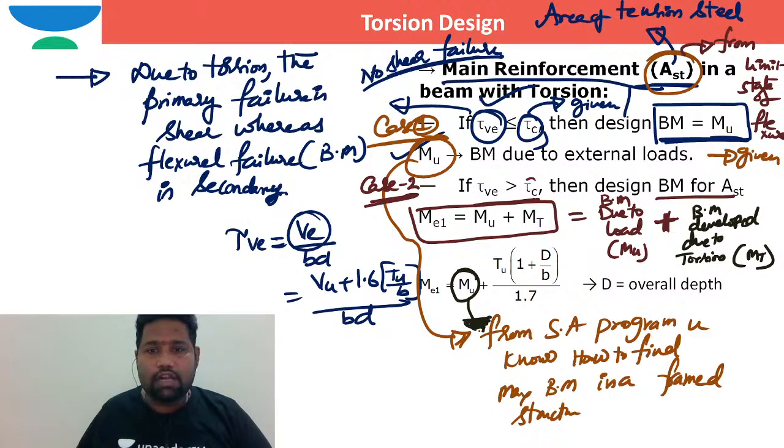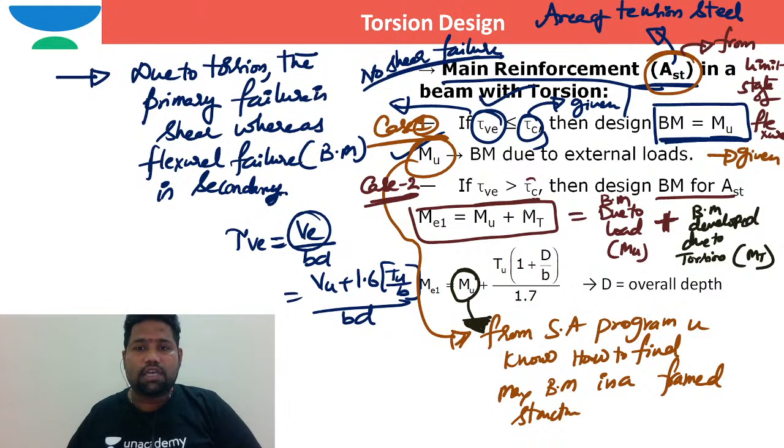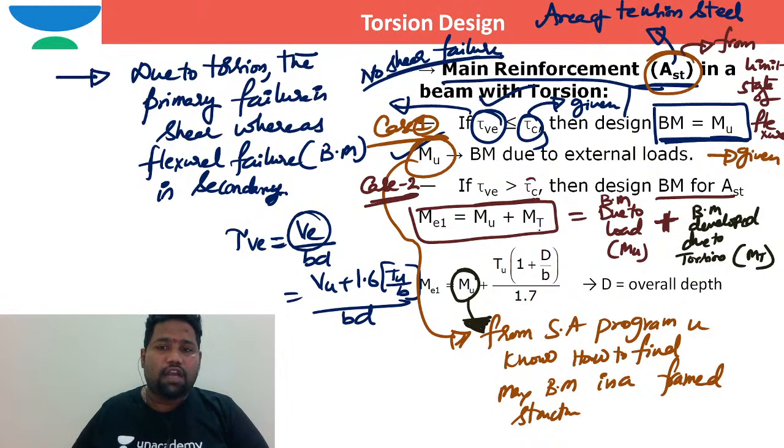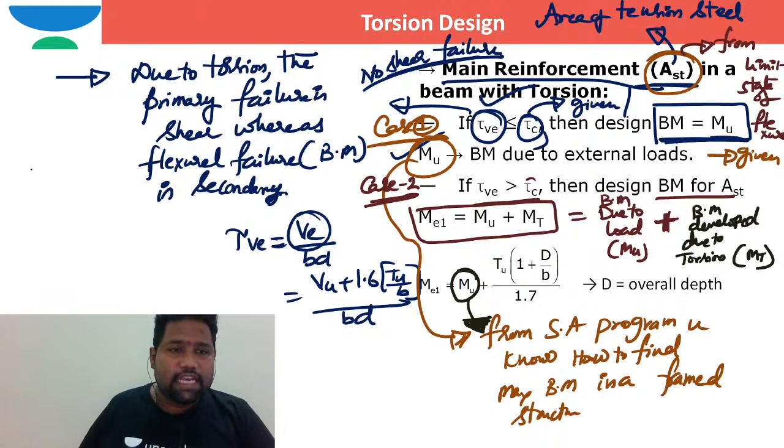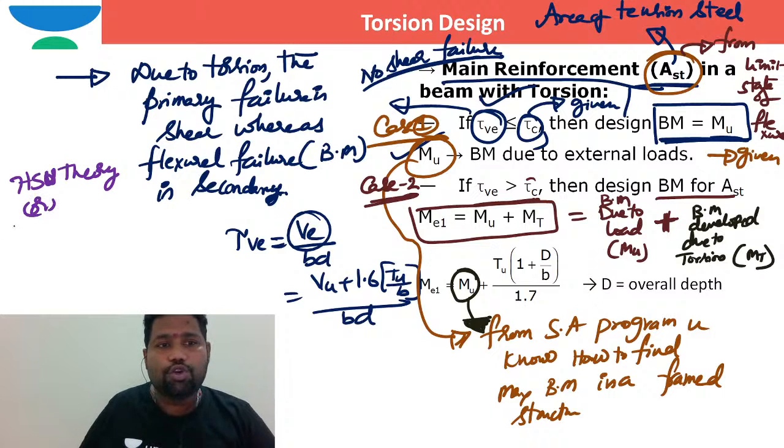Everybody will now ask how to work out this bending moment because of torsion. If you refer to Hsu theory or skew bending theory, Hsu is the name of the scientist, don't think in another way.